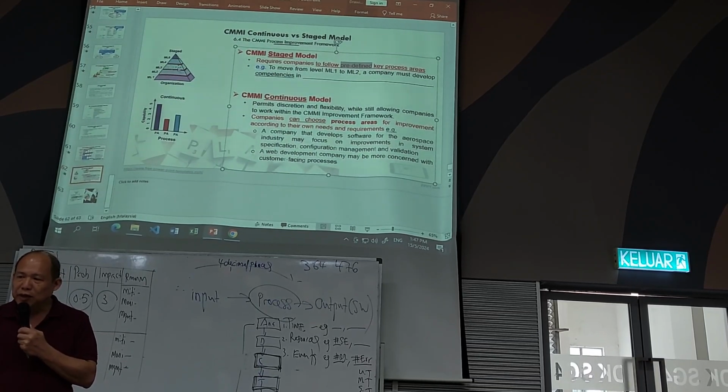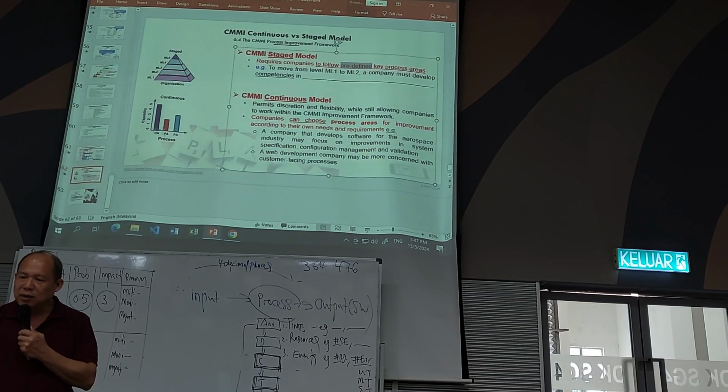This one follows predefined key process areas. And this one, the organization chooses the area that it wants to improve. This is flexible, this is rigid.